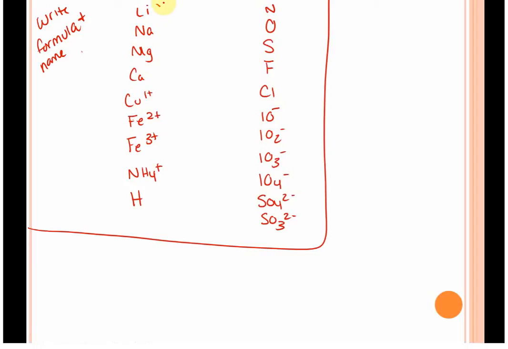When you do that, you have the group 1, 2, or 3 metals with either binary or polyatomic ions. You have transition metals. Oops, too far. Transition metals. You have a polyatomic ion, and you're going to make some acids. That covers a lot.